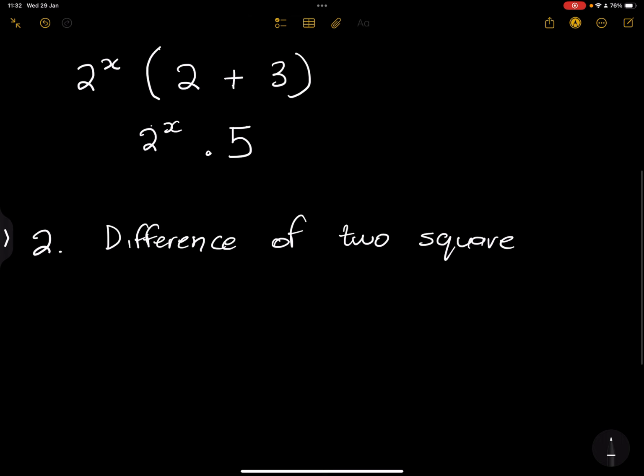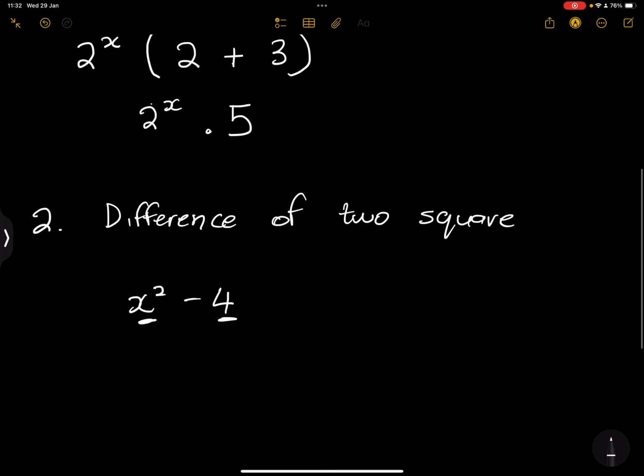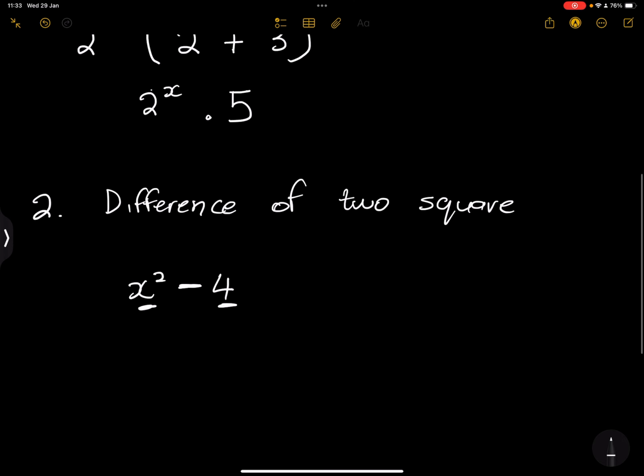Whenever I've got an expression, let's say x squared minus 4, notice both of these are perfect squares, and there's a minus sign in between. Therefore, we refer to them as the difference of two squares.